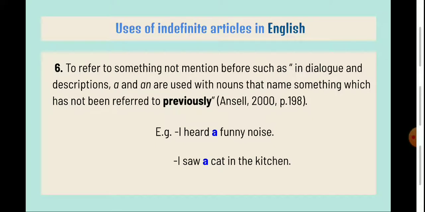Moreover, we use indefinite articles in English to refer to something not mentioned before, such as in dialogue and descriptions, and to refer to something which has not been referred to previously. For example, I heard a funny noise. I saw a cat in the kitchen.